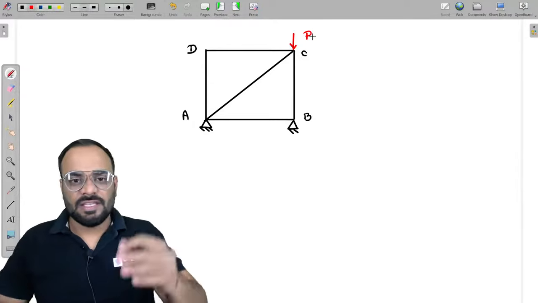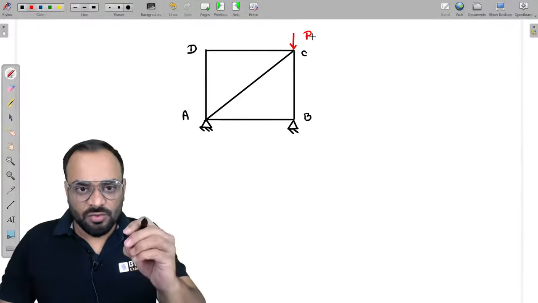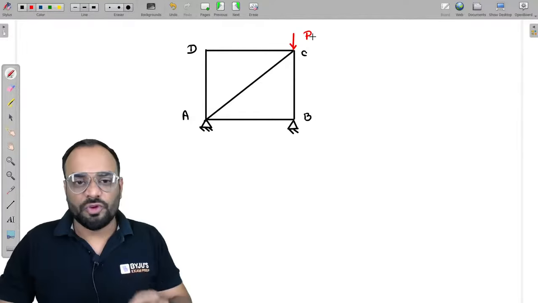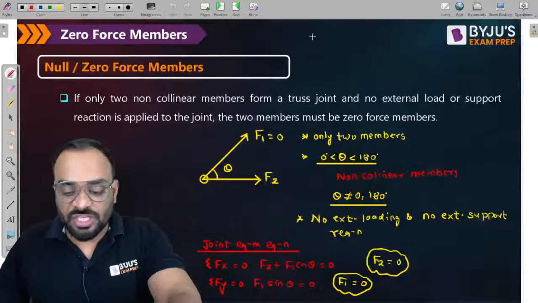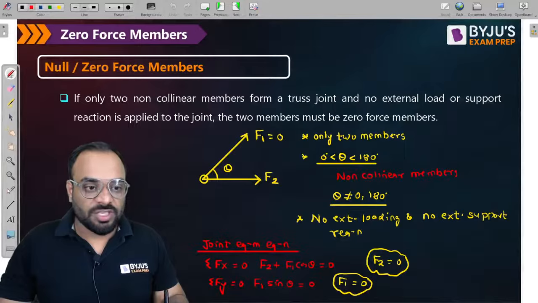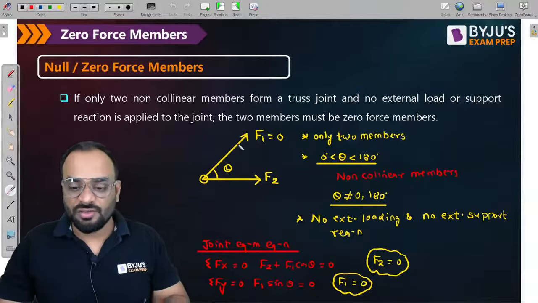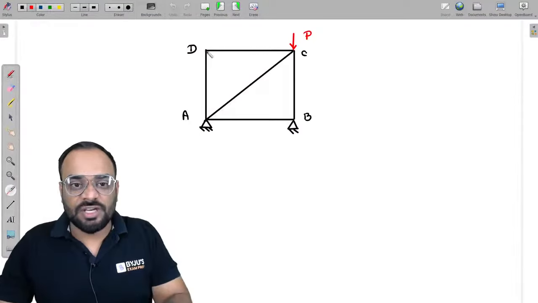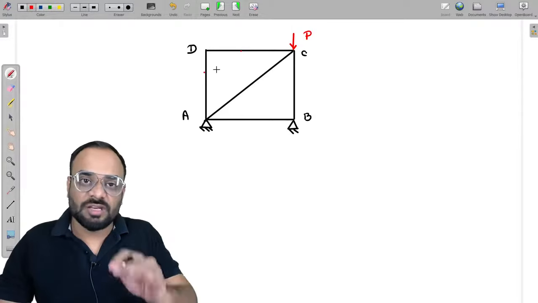Now tell me, guys, in this particular case, which two members are zero force members? How can you find it out? You need to check this particular joint, where you will get this particular condition. So kindly see this joint D. You can see here, guys, at joint D, we have two members which are meeting.